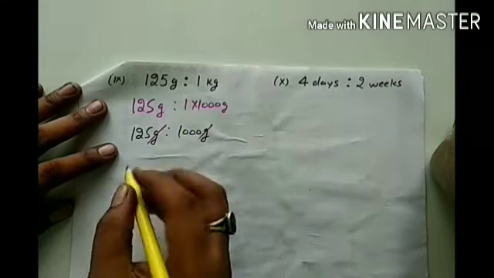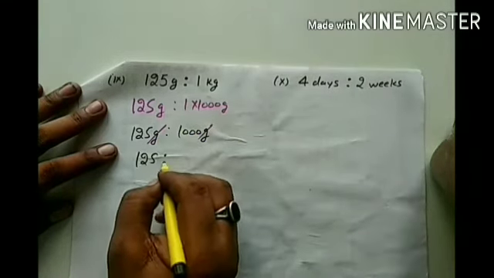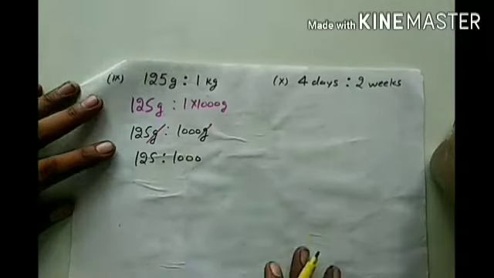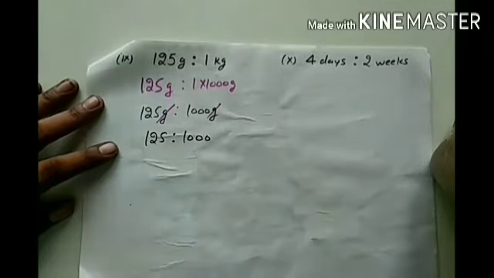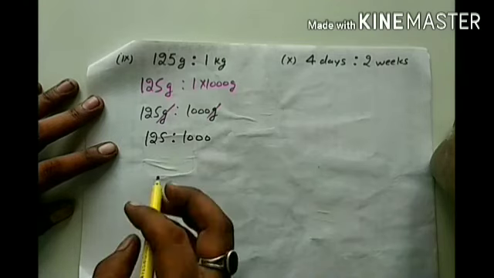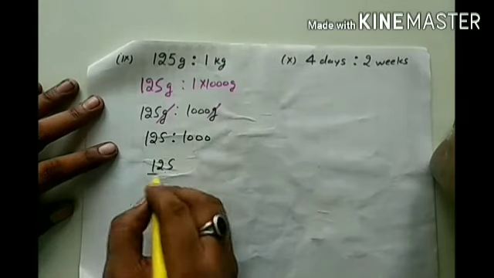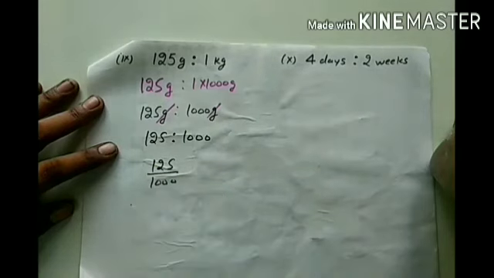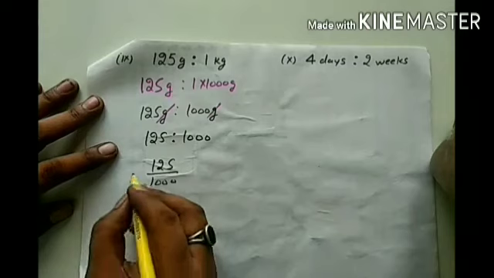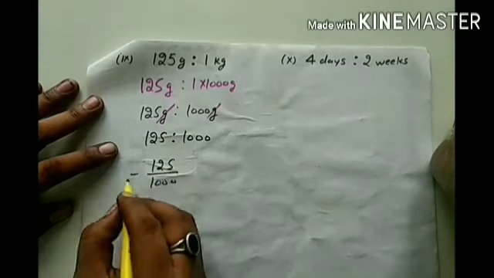Now 125 ratio 1000. Now you can see 125 and 1000 are both divisible by 5. Now I will divide them by writing one time more.